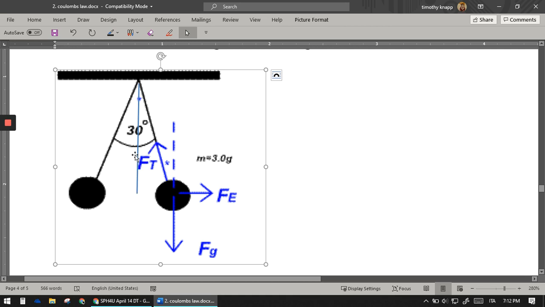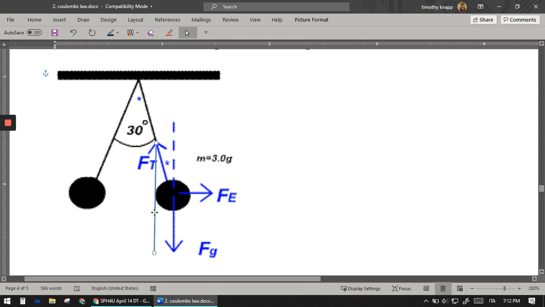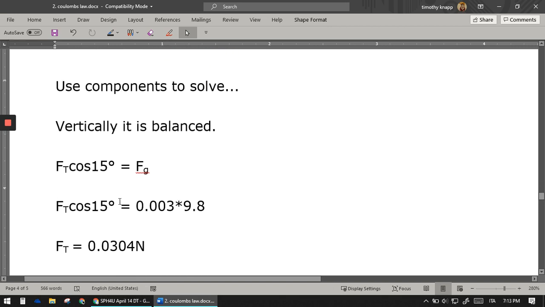So that's your vertical component of the tension force. Vertical component is equal to the force of gravity. Well, the force of gravity is 3 grams times 9.8. And so therefore the force of tension can be determined.